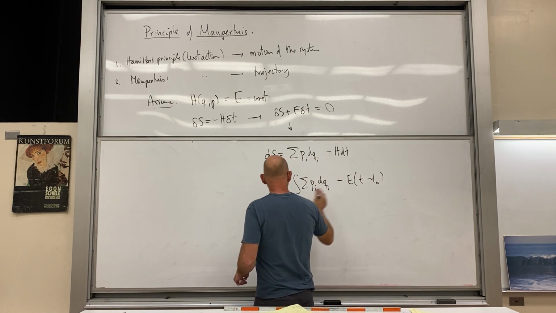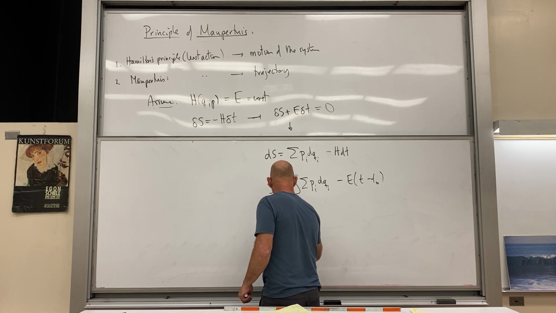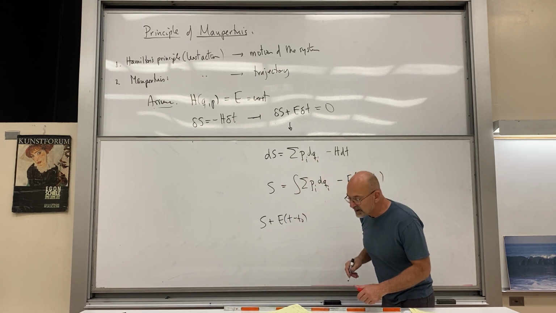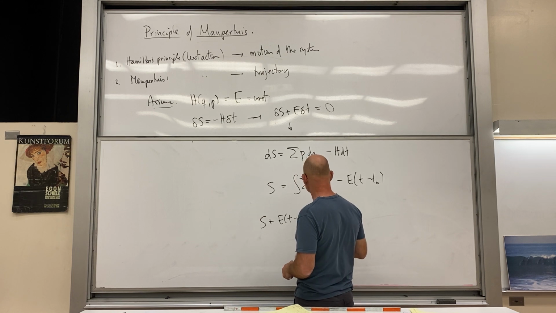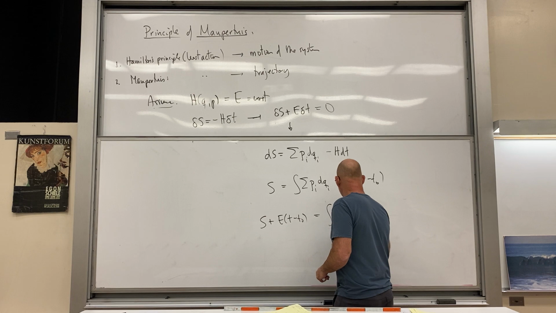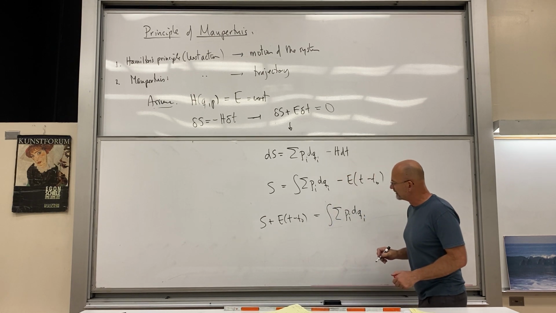So we can bring this to the other side, S plus E (t minus t0), equals the sum over p sub i dq sub i.